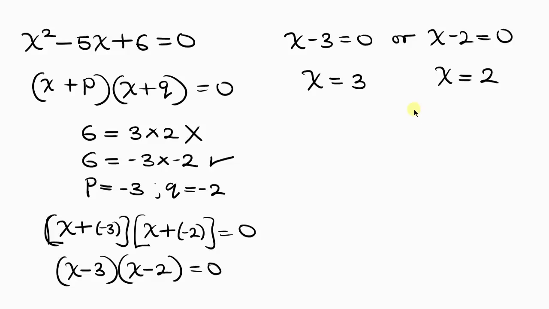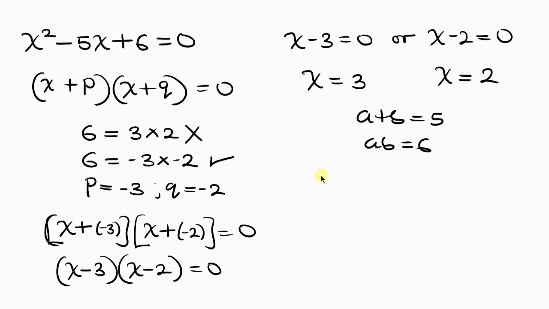Very good. Remember that we got this from these two equations, which is a plus b equal to 5 and ab equal to 6. Now notice that these two equations are symmetric, which means if I interchange the positions of a and b, I'm still going to be getting the same results.